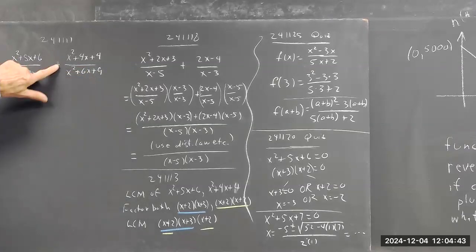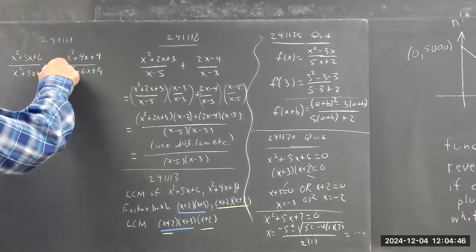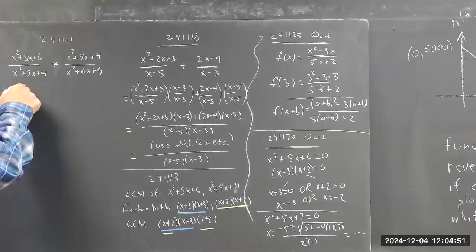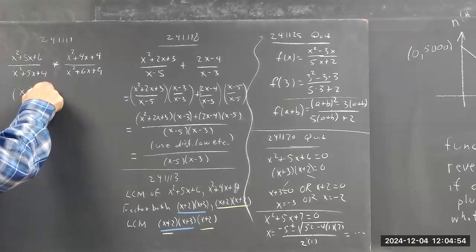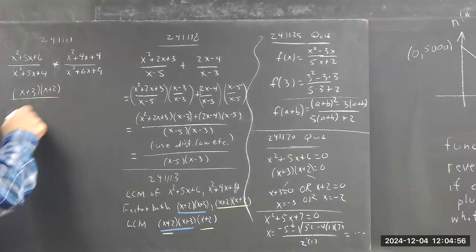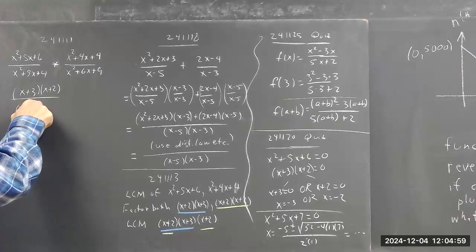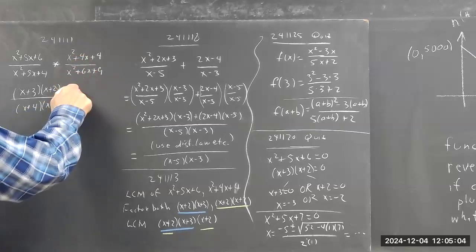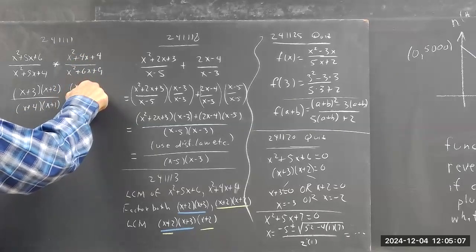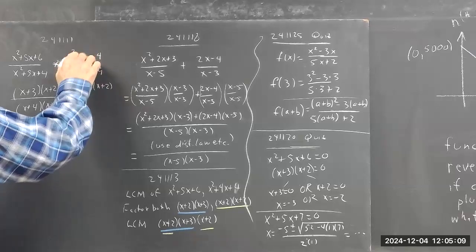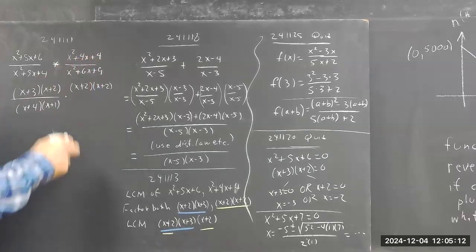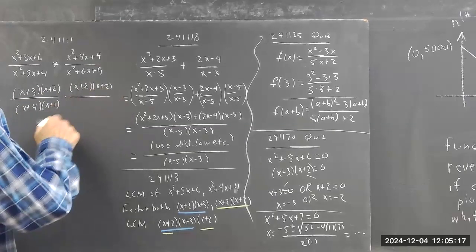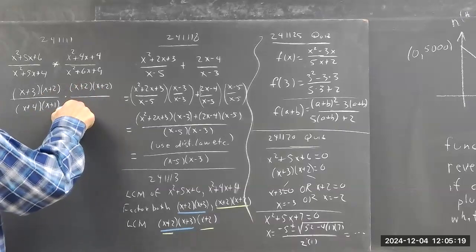Okay, I want to multiply these. I can factor the numerator as x plus 3 times x plus 2. I can factor the denominator as x plus 4 times x plus 1. Over here, x plus 2 times x plus 2, which I could write as x plus 2 squared, but I'm going to keep it in linear factors.